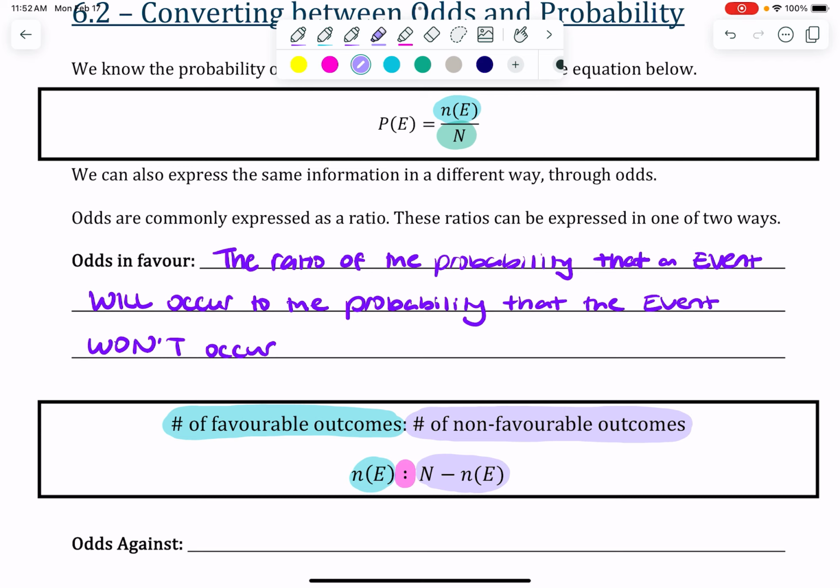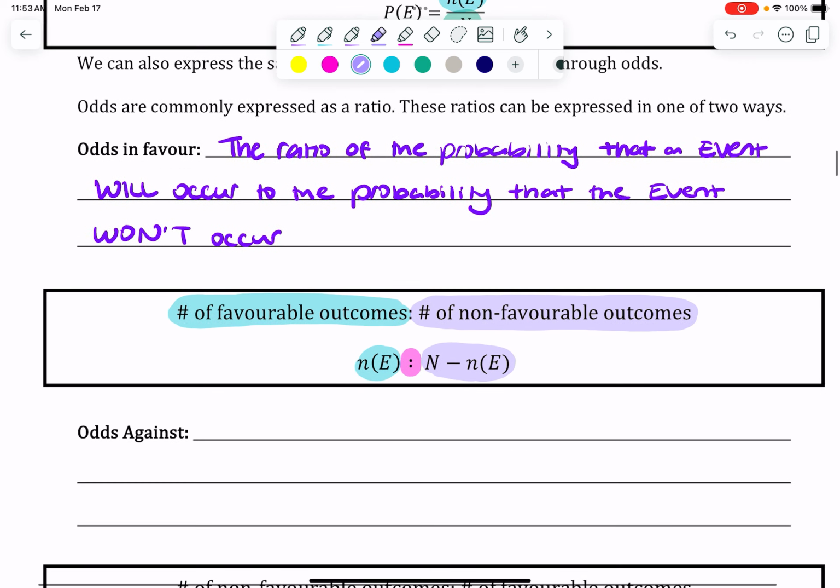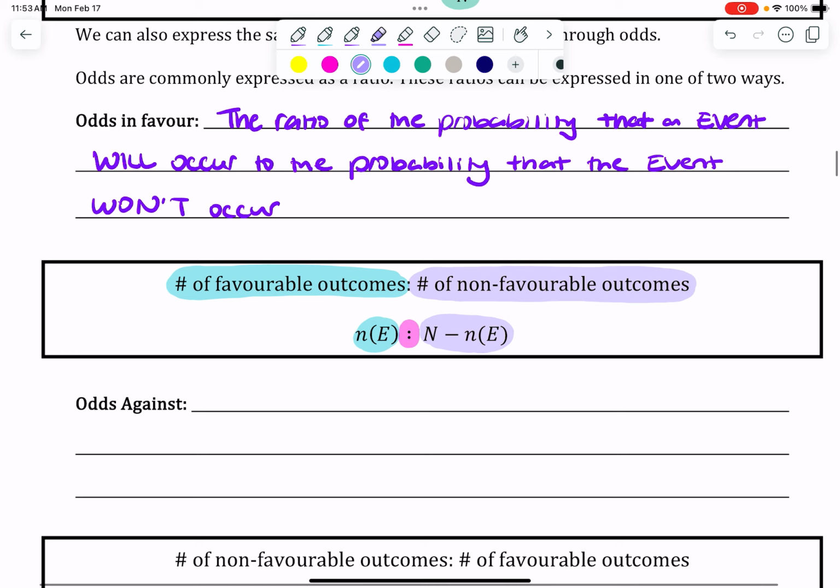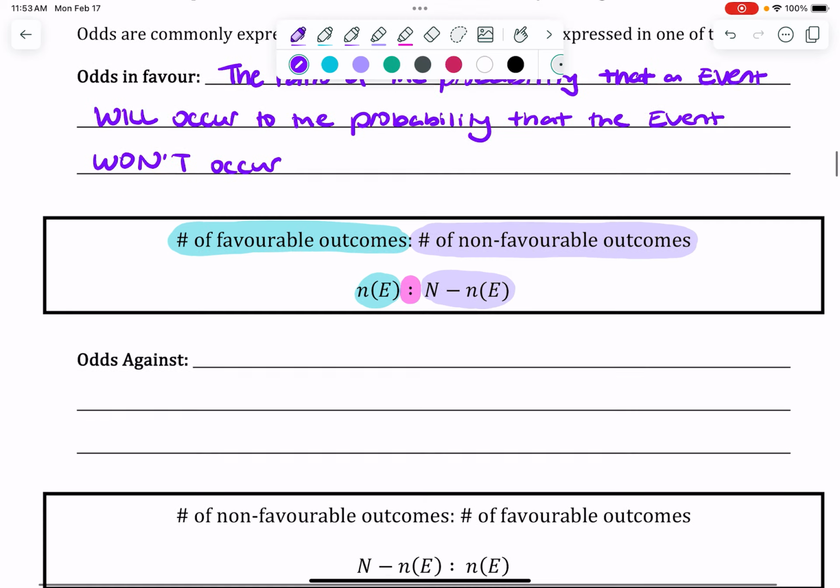The total possible outcomes minus the number of favorable outcomes will equal the number of non-favorable outcomes.